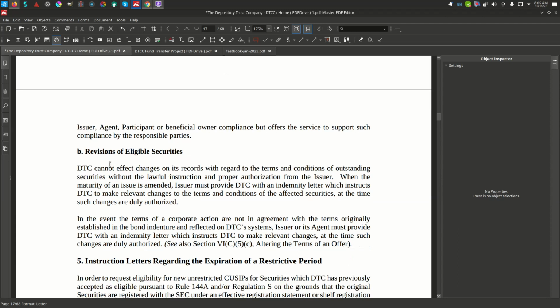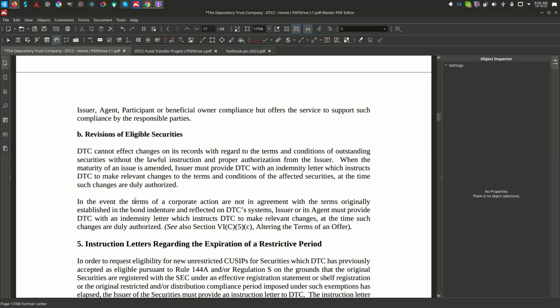eligible securities. Revision of eligible securities, DTC cannot affect changes on its records with regard to the terms and conditions of outstanding securities without the lawful instructions and proper authorization form from the issuer. When the maturity of an issuer is amended, issuers must provide the DTC with an indemnity letter which instructs the DTC to make relevant changes to the terms and conditions of the affected securities at the time such changes are duly authorized.